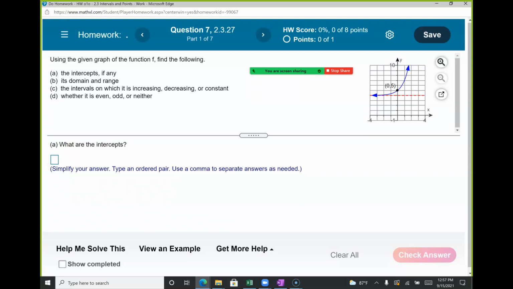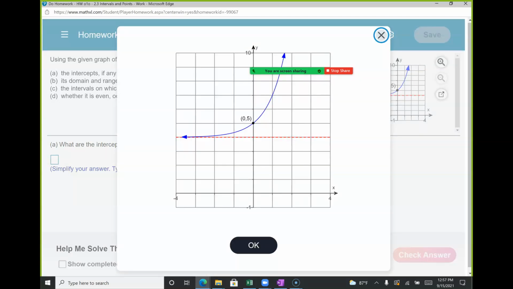This is an exponential function. And so the interesting question on this is, what's the domain, right? What's our domain here? So you can see, and I'll zoom in on this graph, that this graph has a horizontal asymptote of positive 4, right? And so the domain is going to be open 4 and up, right?